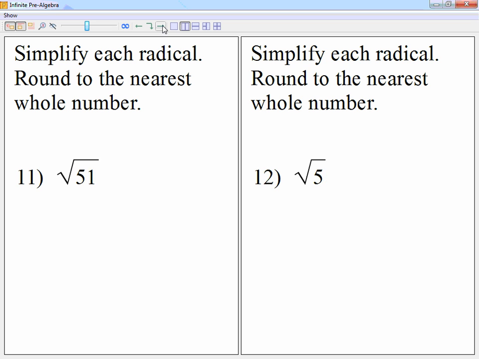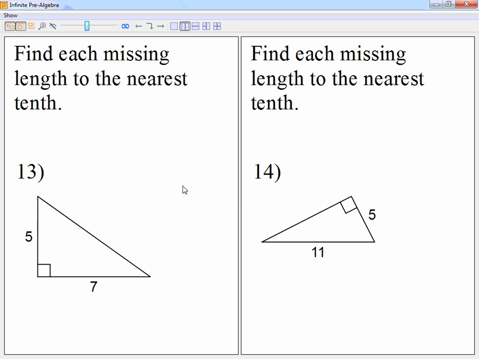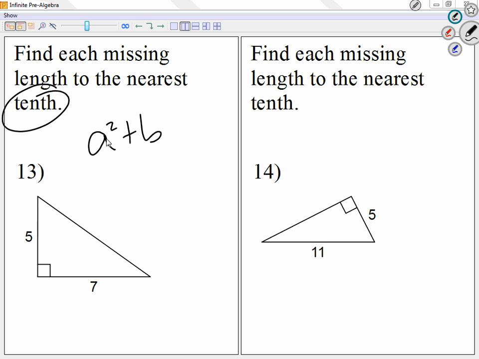All right, now looking at number 13. Find each missing length to the nearest tenth. So to the nearest tenth means 1 decimal place. So my answer should be 1 decimal place. So for this one, since it's a right triangle, I see the 90 degrees. I remember I introduced you guys to the Pythagorean theorem, a squared plus b squared equals c squared.